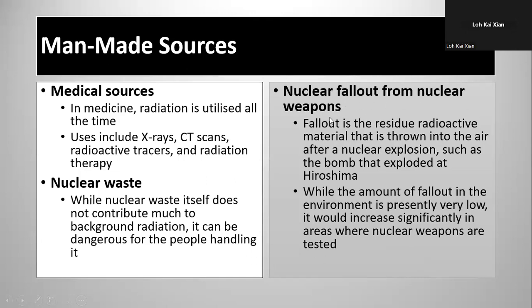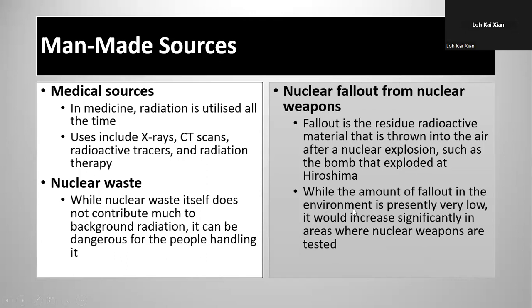Nuclear fallout and nuclear weapons. Fallout is the residue radioactive material that is thrown into the air after a nuclear explosion, such as the bomb that exploded at Hiroshima. Where we have nuclear weapon testing in the air, you have this radioactive material falling down on Earth.